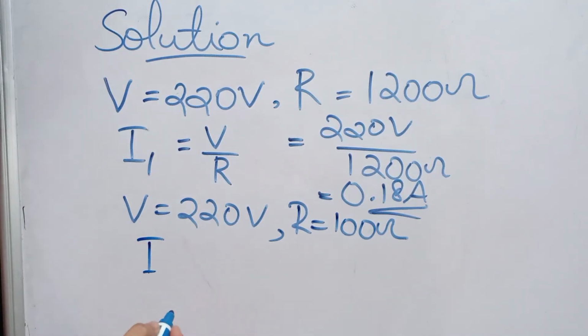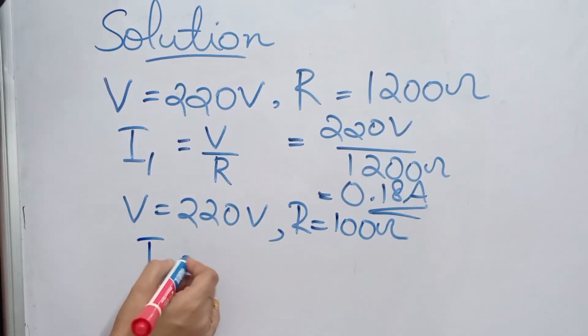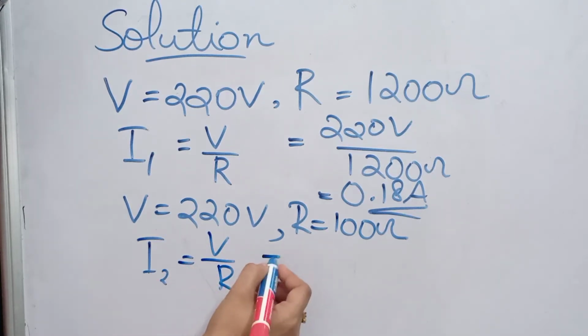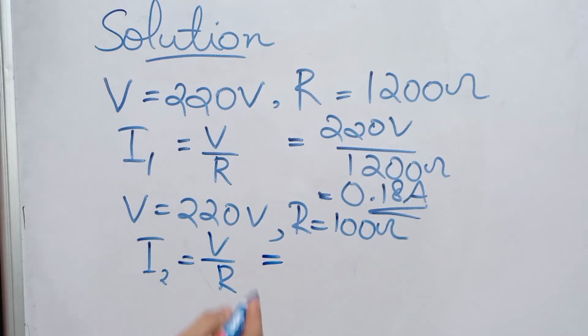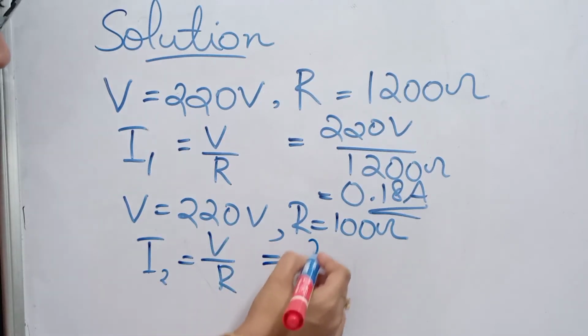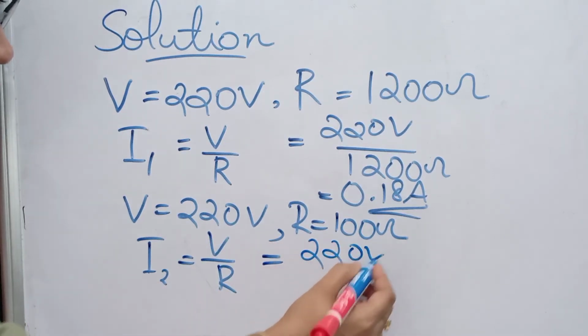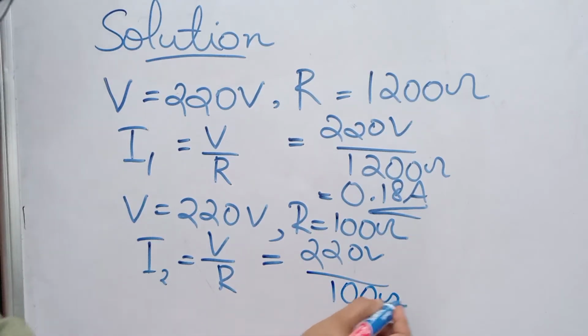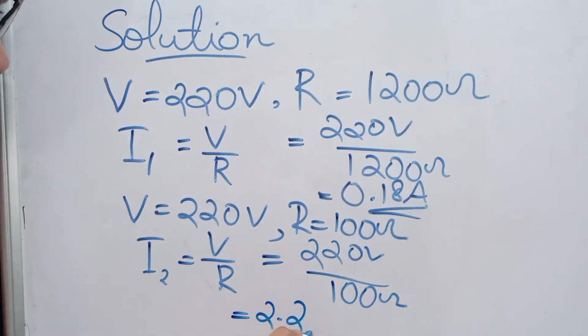By using Ohm's law, I2 will be equal to V by R again. Now we can substitute the values of V and R, that is 220 volt divided by 100 ohm, that is equal to 2.2 amperes. Is it clear?